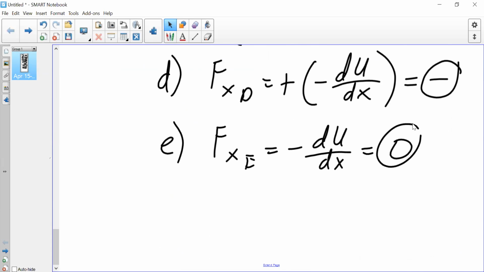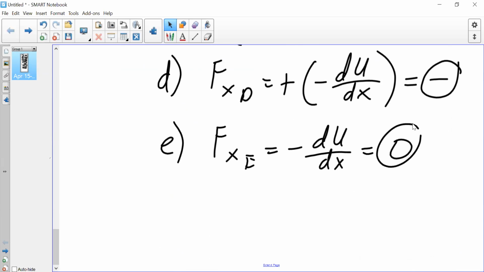And if the force is 0, there's no displacement. So that's when the potential energy is a turning point. The force is going through equilibrium, and then it's going to start increasing.